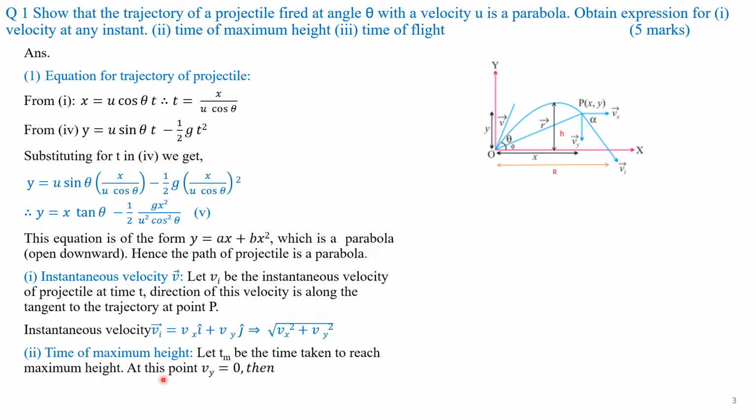At this position, Vy is equal to 0. Then 0 is equal to u sin theta minus g into Tm. Therefore, Tm is equal to u sin theta by g.